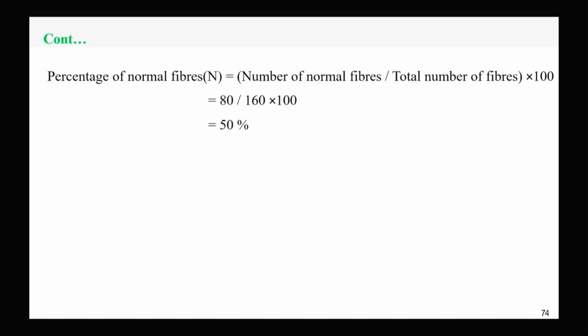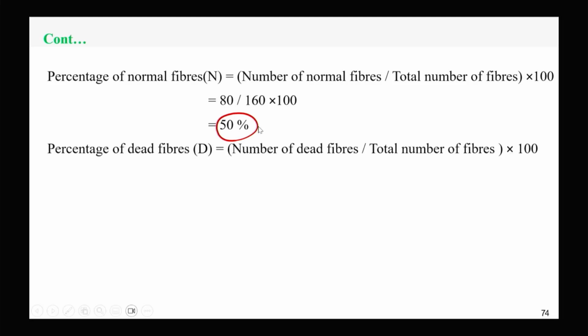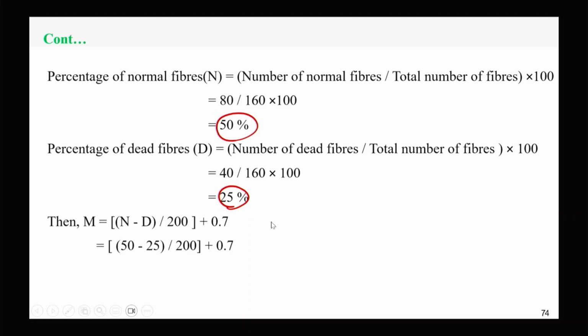So 50% is normal fiber, 25% is dead fiber, and using the same relationship it is 0.825.